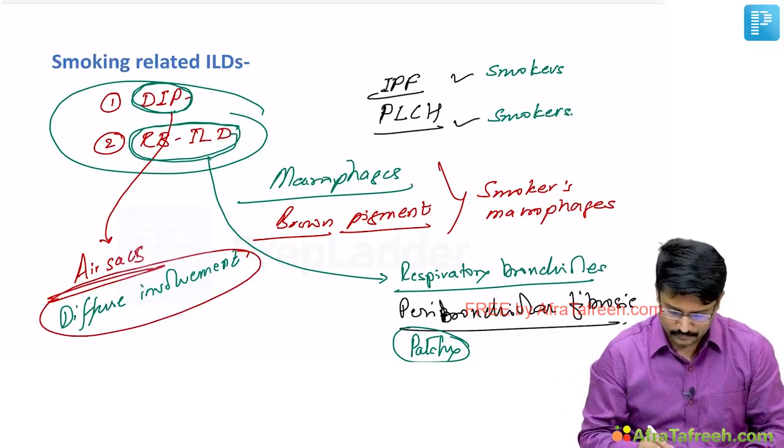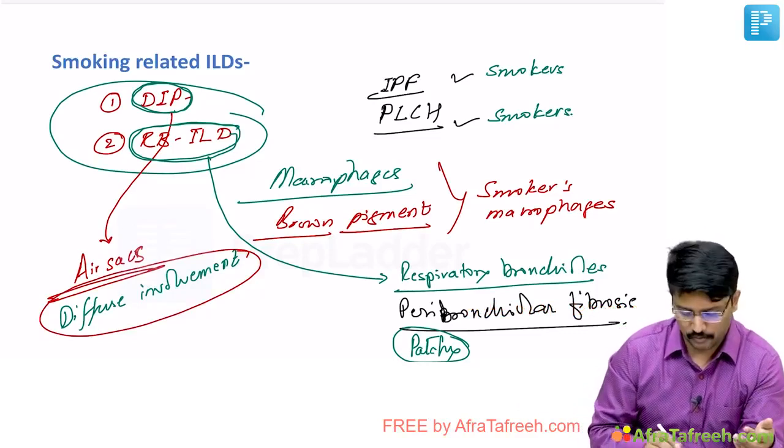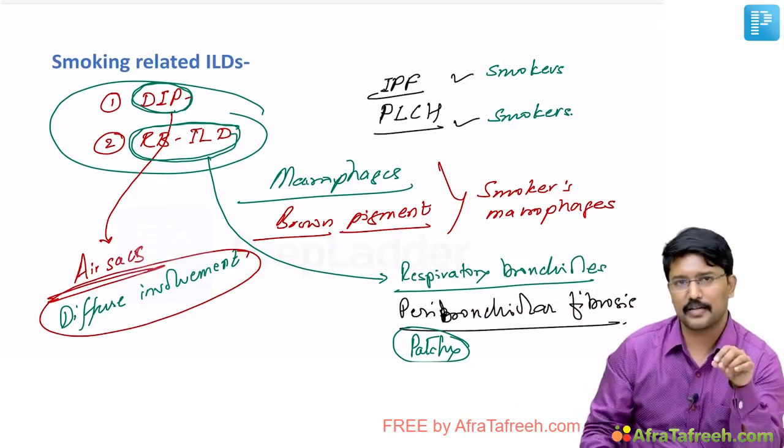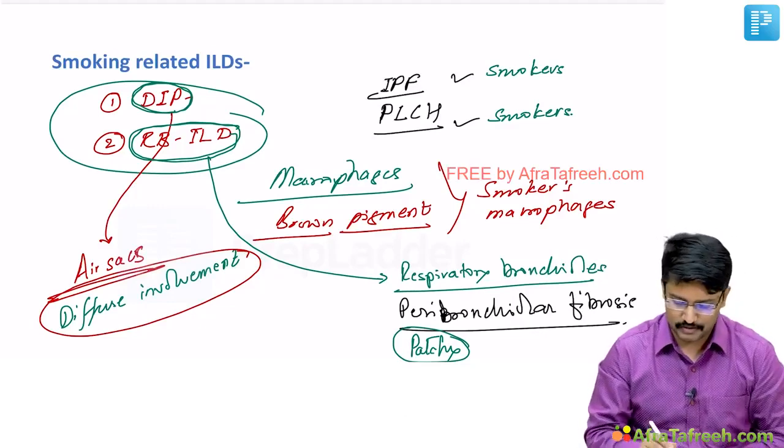And these are among those interstitial lung diseases which have a very good prognosis. Rarely does anybody die because of complications of interstitial lung disease in these two sets of patients.